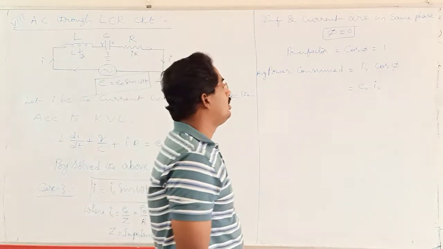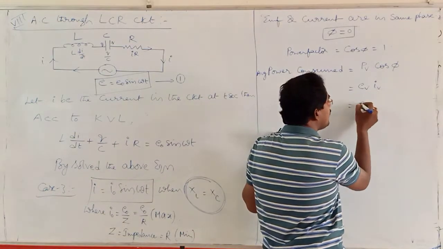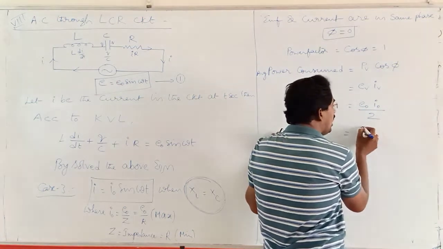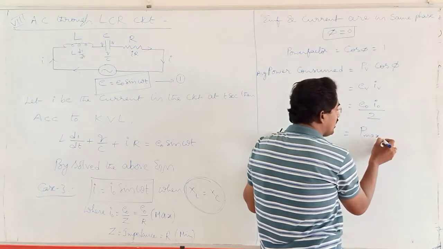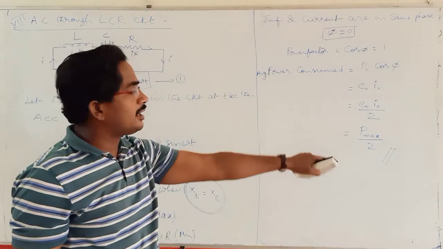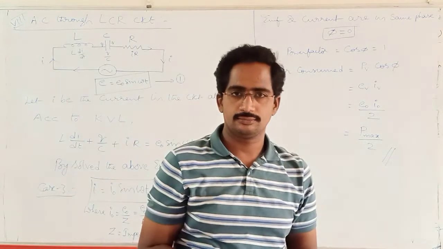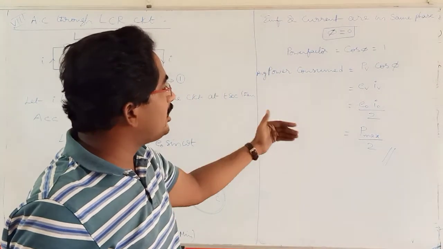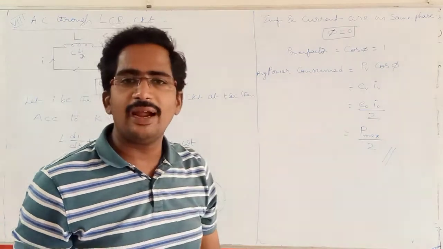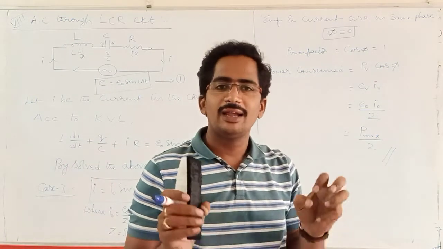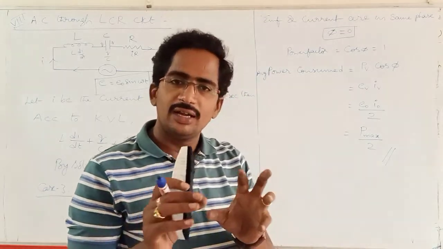So what we are getting now is E naught I naught by 2. That is half of the maximum power consumed in this circuit. E naught into I naught means maximum power. So half of the value is consumed and the remaining half of the power is wasted in the form of heat.